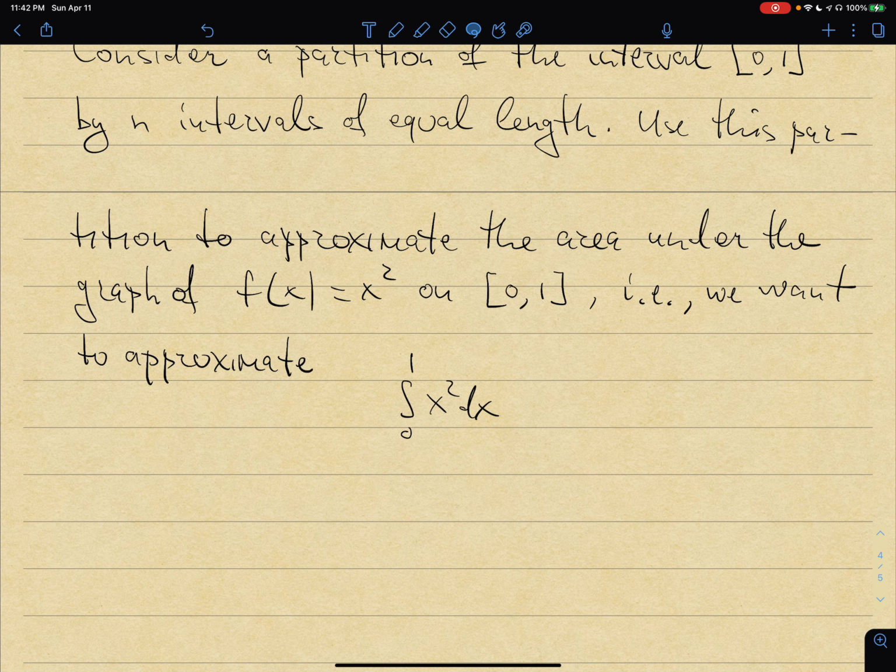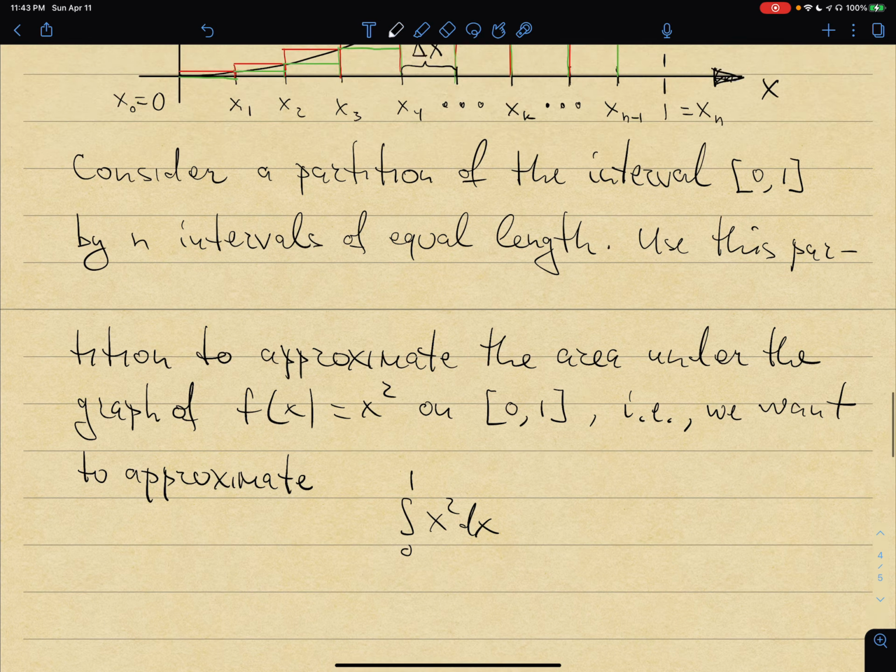But I want to arrive at this answer without using any antiderivatives, because we're developing a theory, so we're assuming that we don't really know anything about how to integrate. Okay, so let's see how we should proceed.